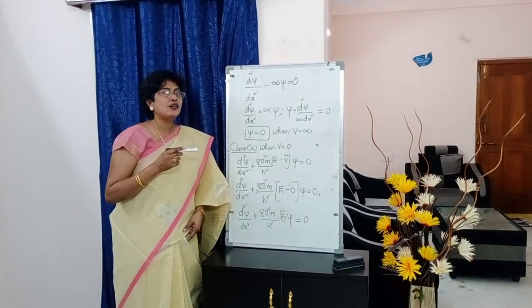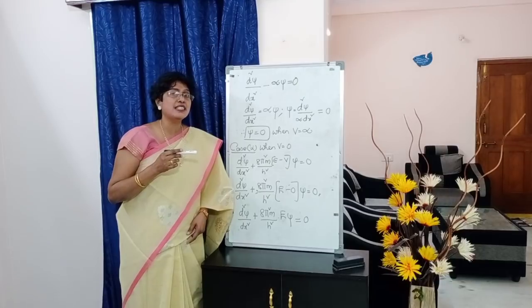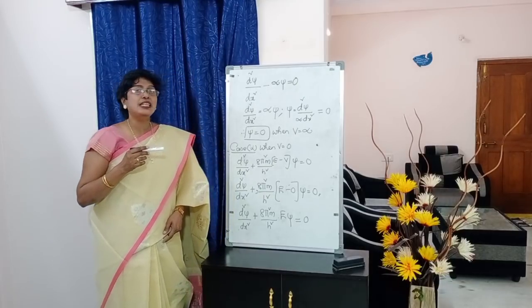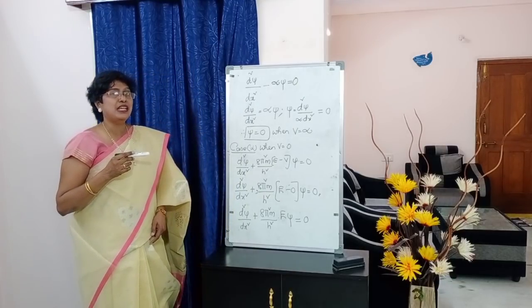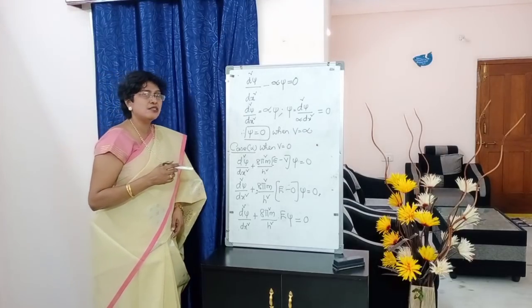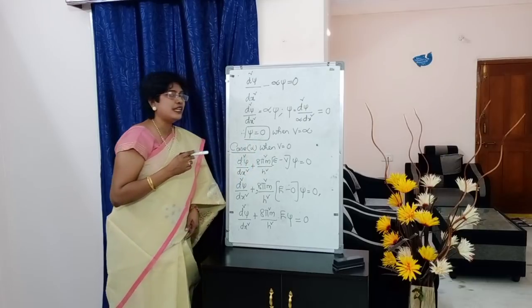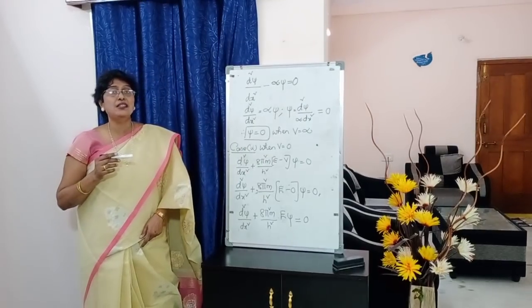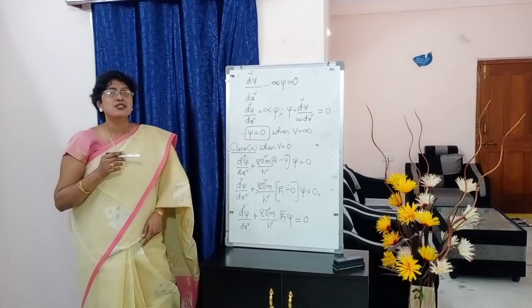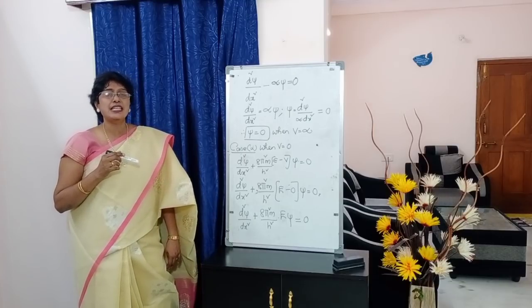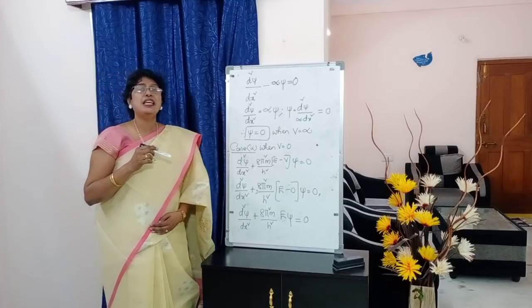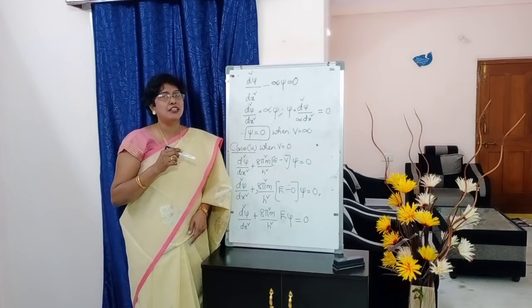So in the denominator there is infinity. So anything by infinity value will be 0, and hence finally we are getting psi value as 0 when v value is infinity.